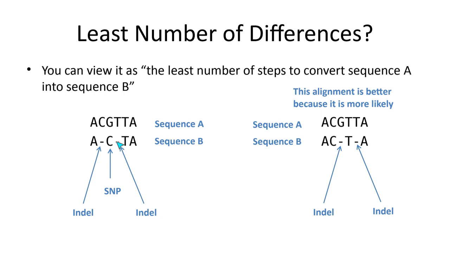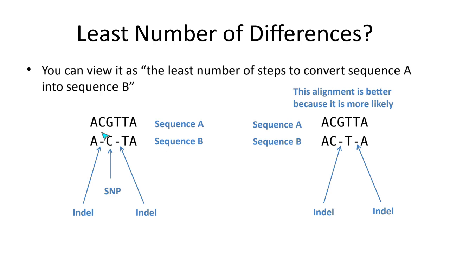But you're not always looking at 2 sequences that are a before and an after. We could just be looking at 2 sequences from 2 closely related species. And if you're just looking at sequence from species A and sequence from species B, there's no clear before and after. When you look at this position right here, all that you know is there was either an insertion of a C or there was a deletion from this position.